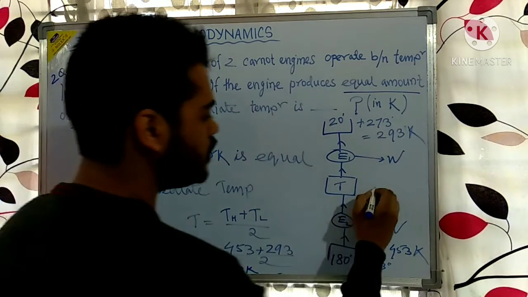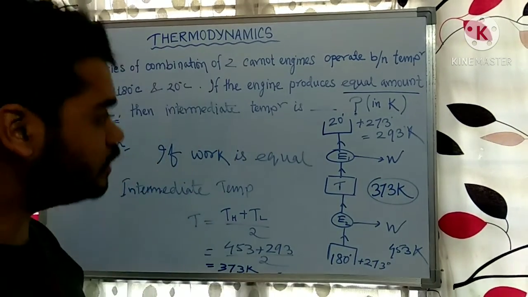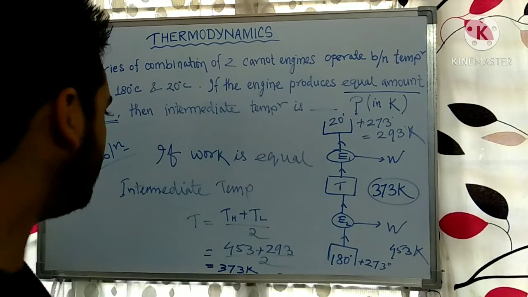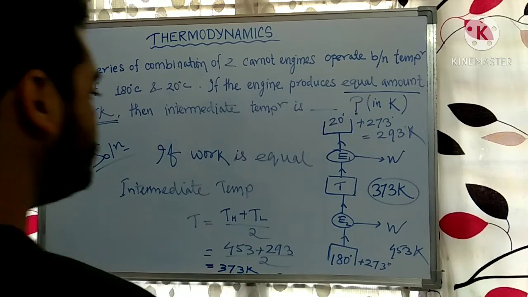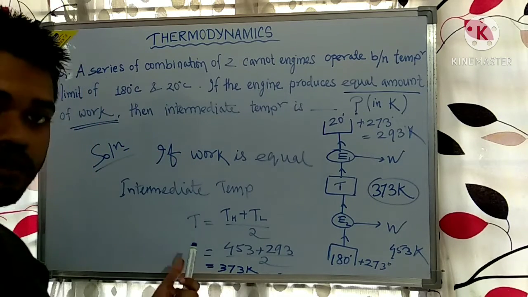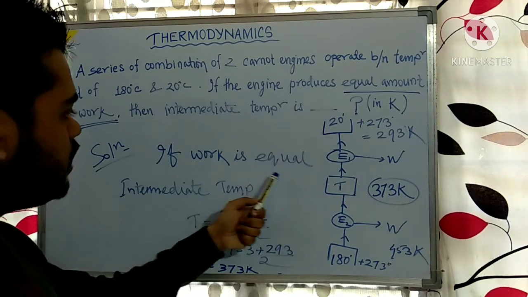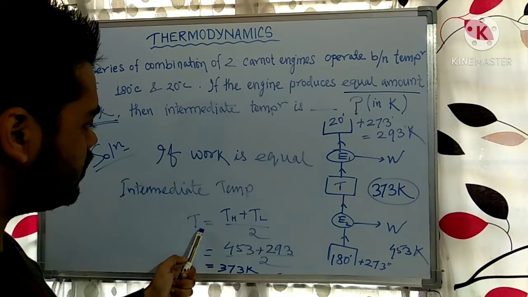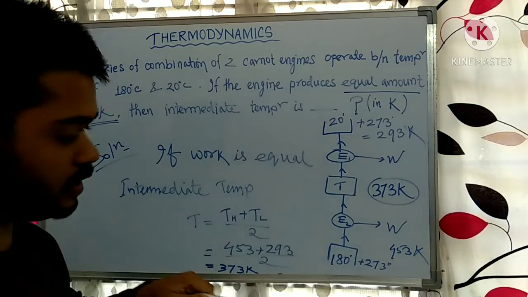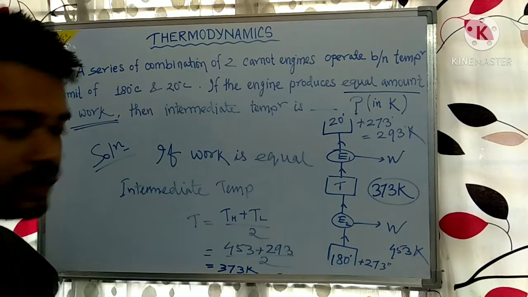Okay, so the intermediate temperature is found to be 373 Kelvin when both engines produce the same amount of work. For the same amount of work done, the intermediate temperature will be the mean temperature of the high temperature and low temperature, that is T higher plus T lower by 2, that is 373 Kelvin.